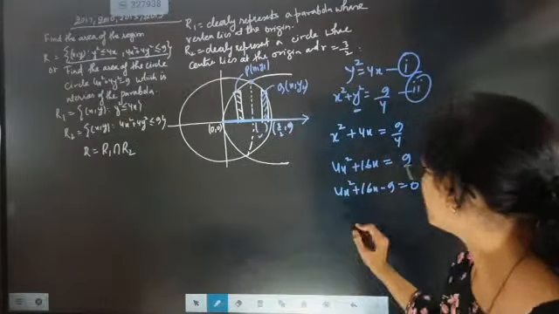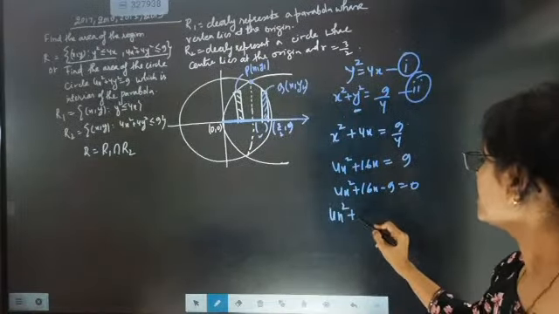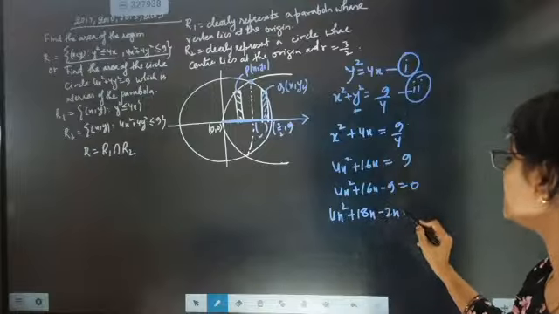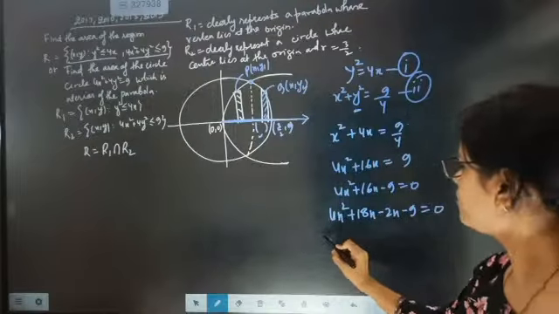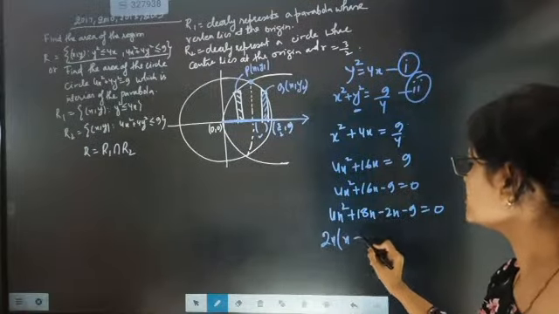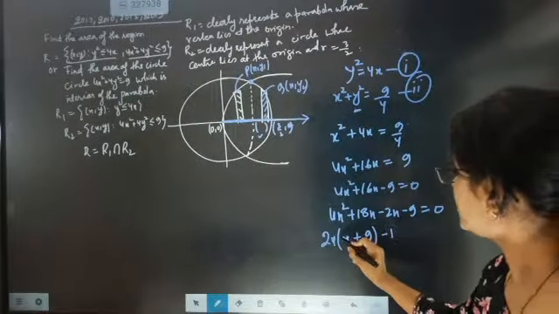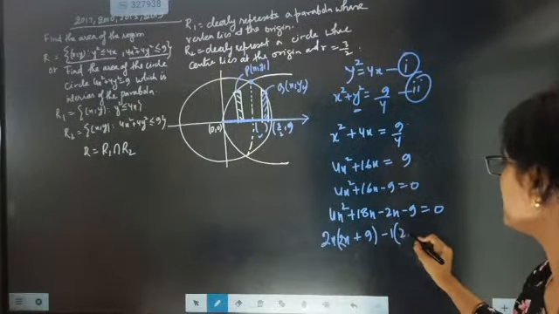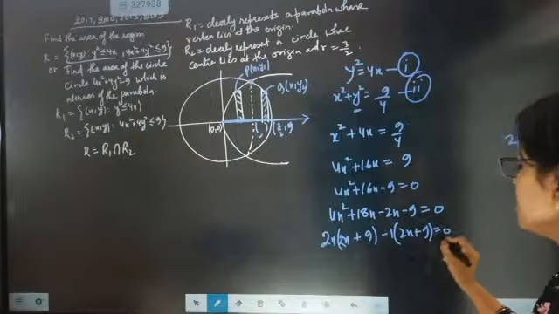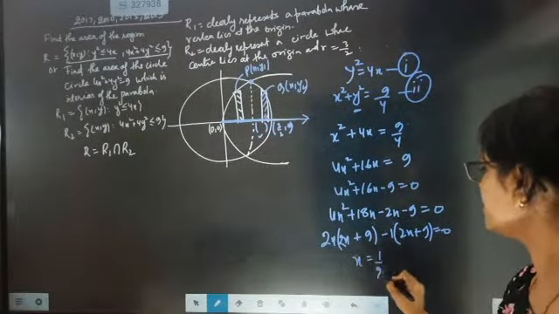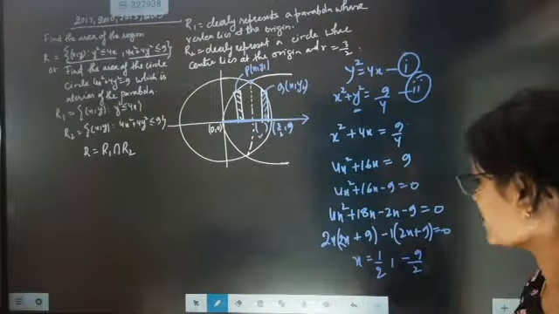So it is exactly going to come as 4x square plus 18x minus 2x minus 9 equal to 0. We will take 2x common: 2x(2x plus 9) minus 1(2x plus 9) equal to 0. So one time x is coming as 1 by 2, another time x is coming as minus 9 by 2.